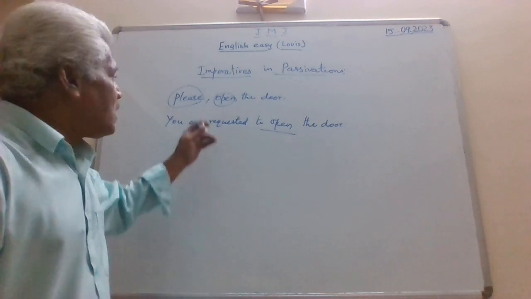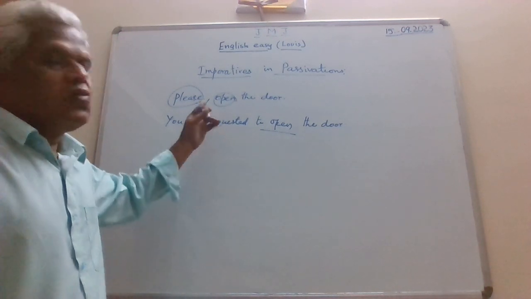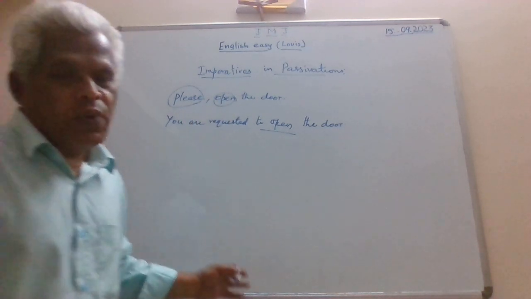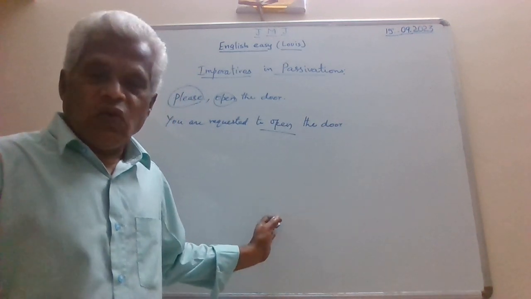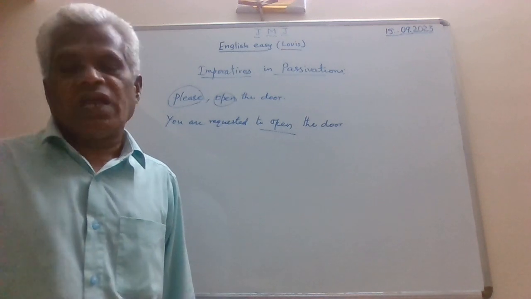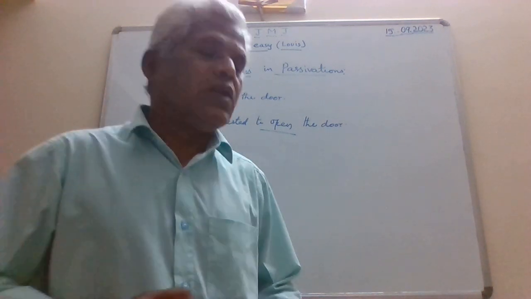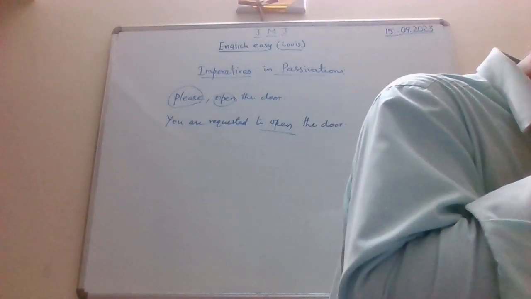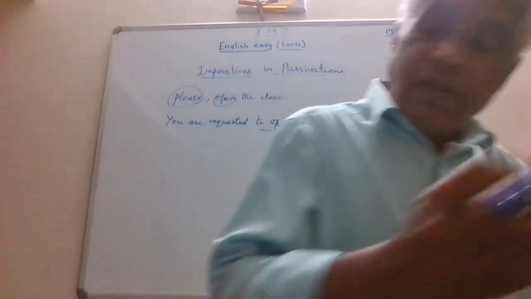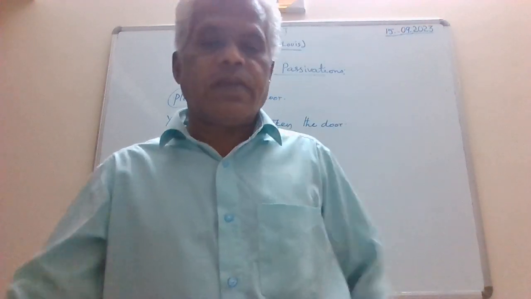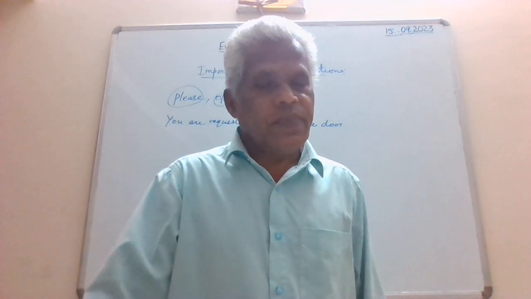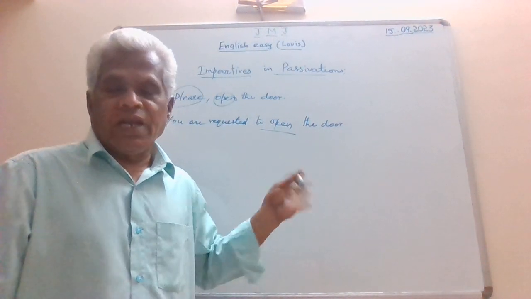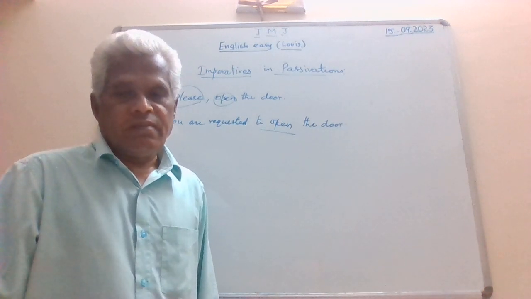You can write this, or let the door be opened, please. Or please let the door be opened. That also can be written there. Let the door be opened. Clear? So imperative sentence.